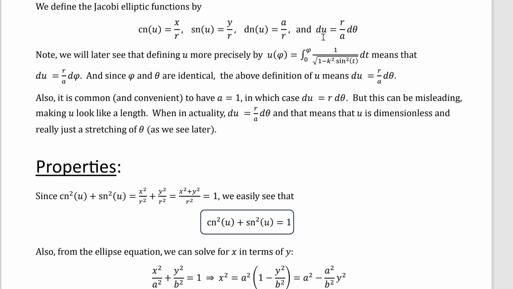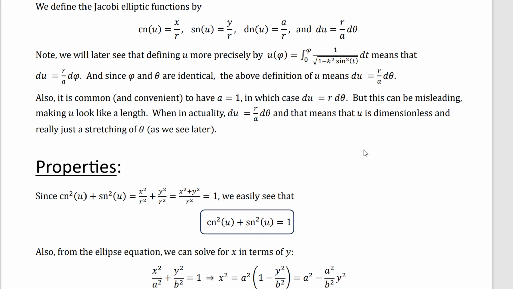We also define du, and I define u more precisely, but for some work, all you kind of need is that the differential du is going to be r over a d theta. And as I wrote here, when you fix a to be 1, it looks like du is r d theta.